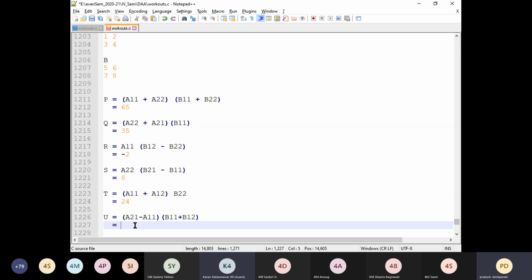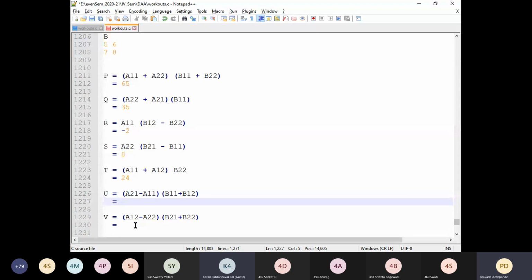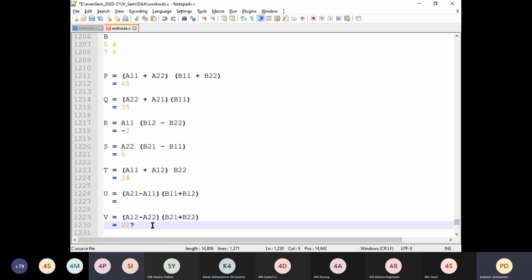If someone else says they are getting confused, I can accept it, not you. Karan. 22, sir. Students, is that correct? Is U equal to 22 correct? No, sir. Just don't tell the answer. Is it correct or incorrect?